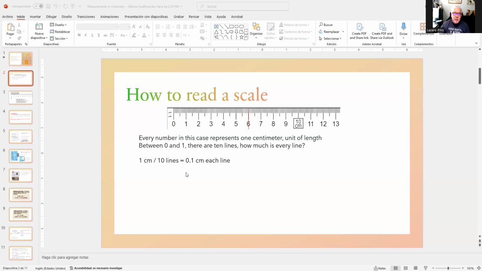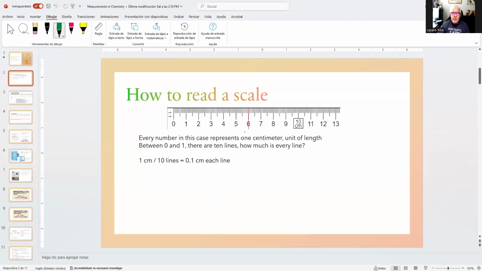Well, if you divide 1 centimeter by the 10 lines, you will observe that every small line represents 0.1 centimeters.